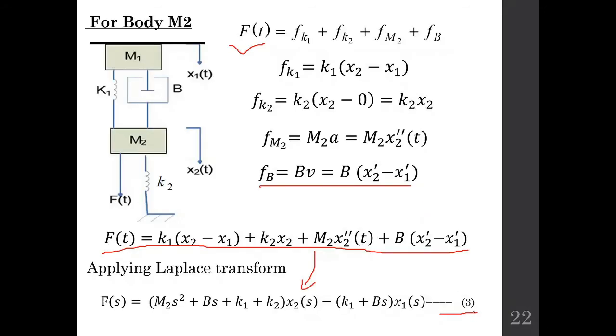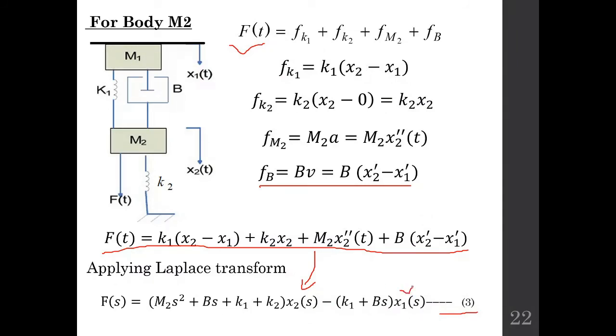So just by putting equation 2 in equation 3, we can find the transfer function x2 of s upon F of s. So this was our equation number 3.